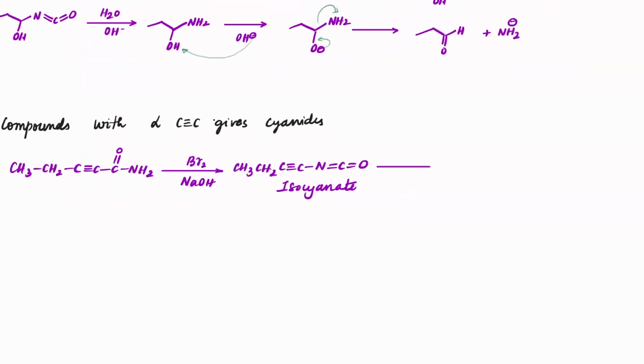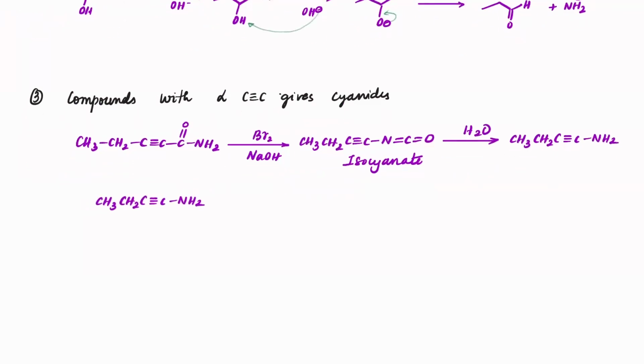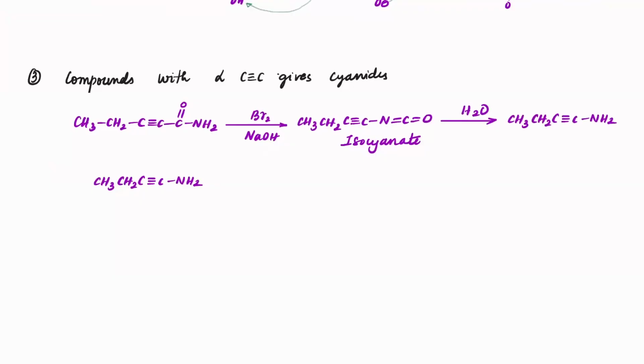And isocyanate on hydrolysis, we expect to give an amine: CH3 CH2 C triple bond C and NH2. This is the amine which is formed. Now, what would happen here is that the amine in basic medium, because C triple bond is a very strong withdrawing group, can take this H plus and make this into CH3 CH2 C triple bond C with NH minus.